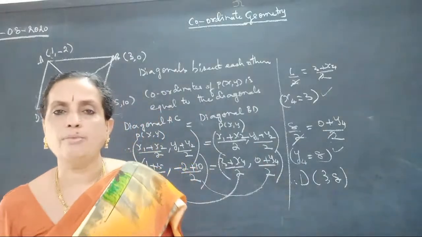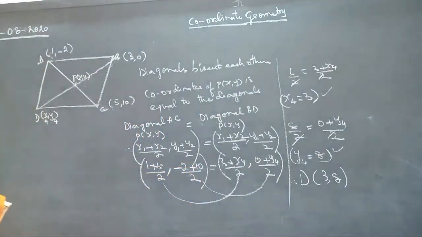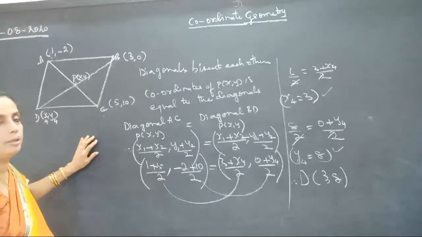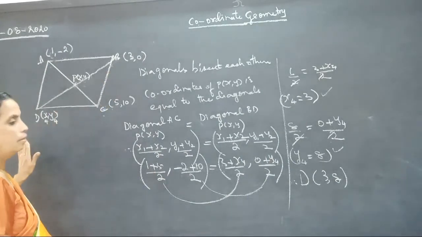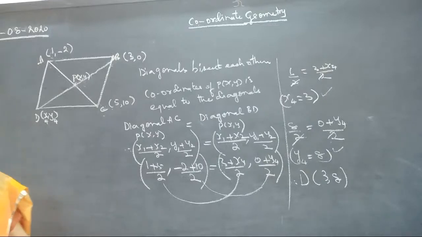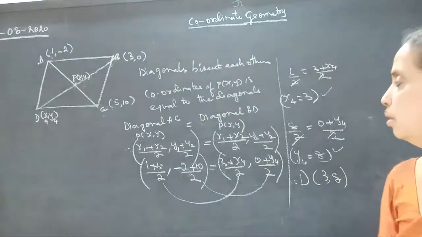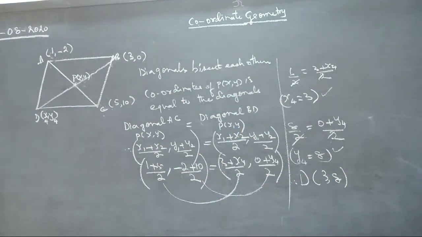If you have time, you can verify that the midpoint of the diagonal AC is the same as the midpoint of the diagonal BD. Check it if you want, otherwise after the class you can check it. Yes, 3, 8 is the coordinate of the fourth vertex.